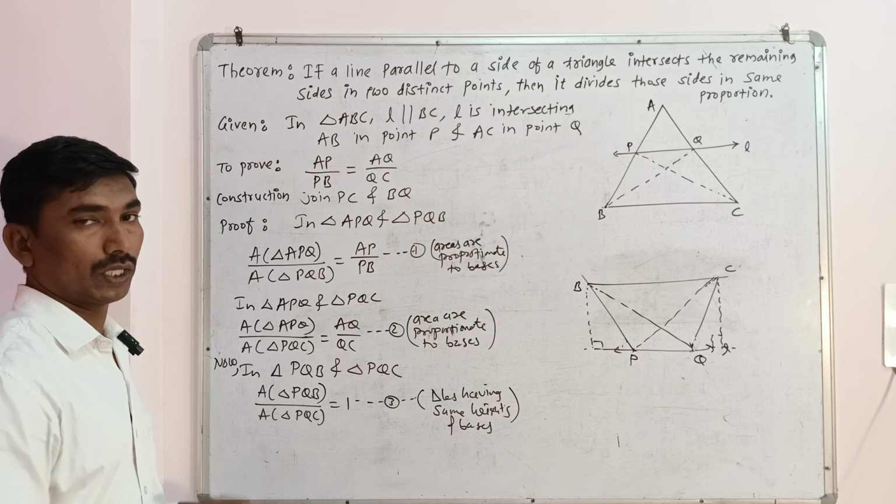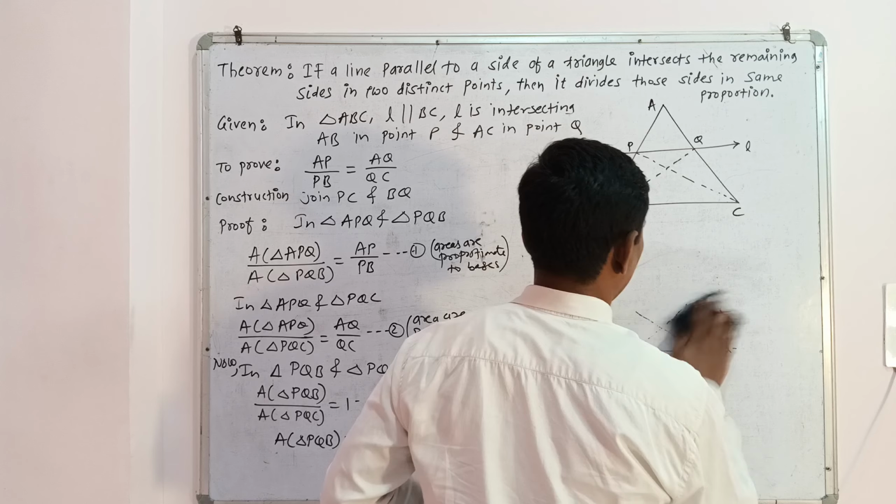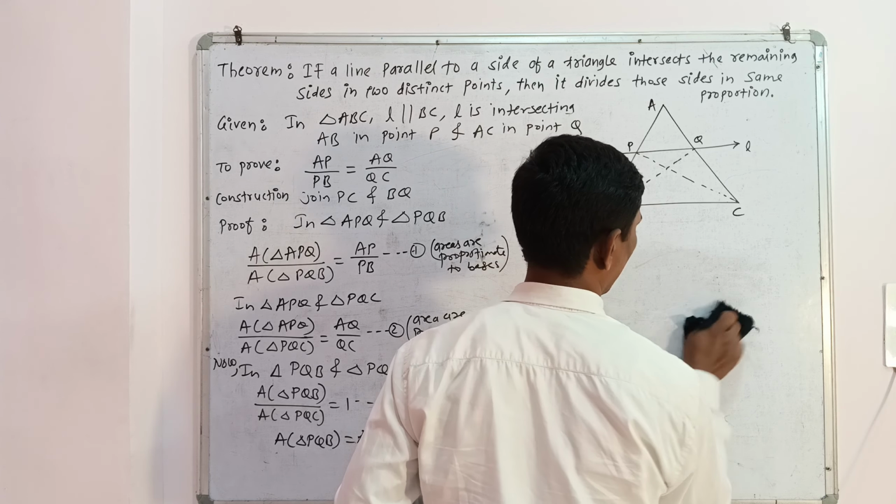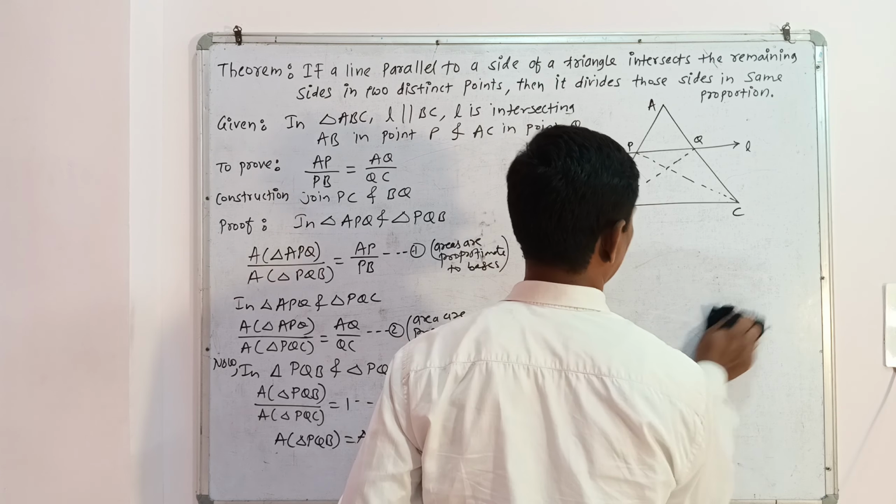Now, if you divide this equation number 4 by the triangle that you left behind, it was APQ, on both sides, you will have: area of triangle PQB divided by area of triangle APQ equals area of triangle PQC divided by area of triangle APQ.